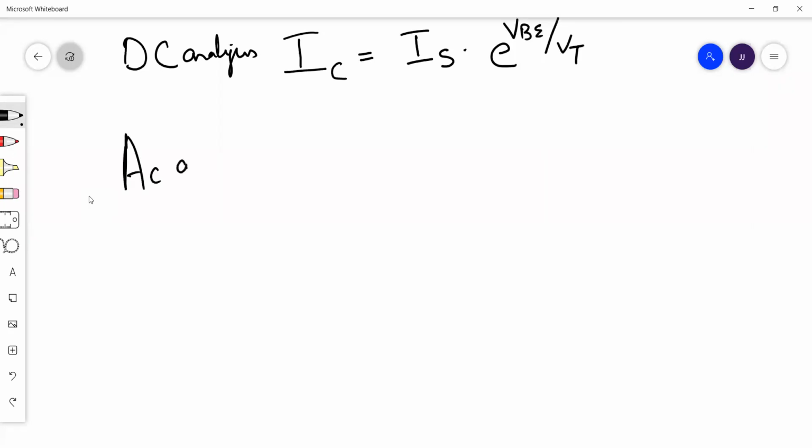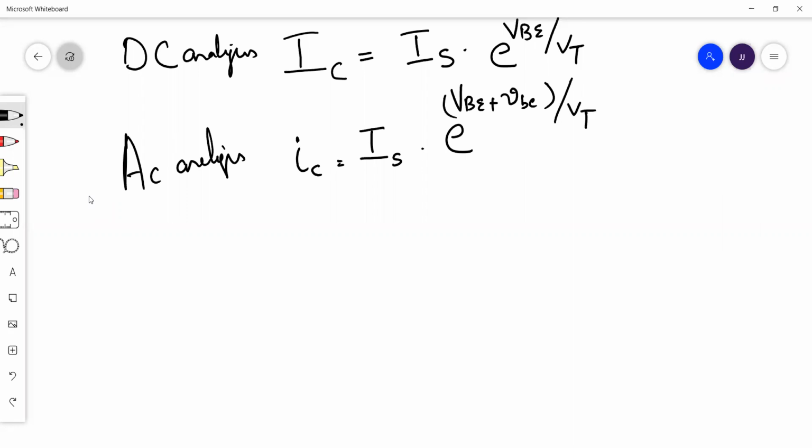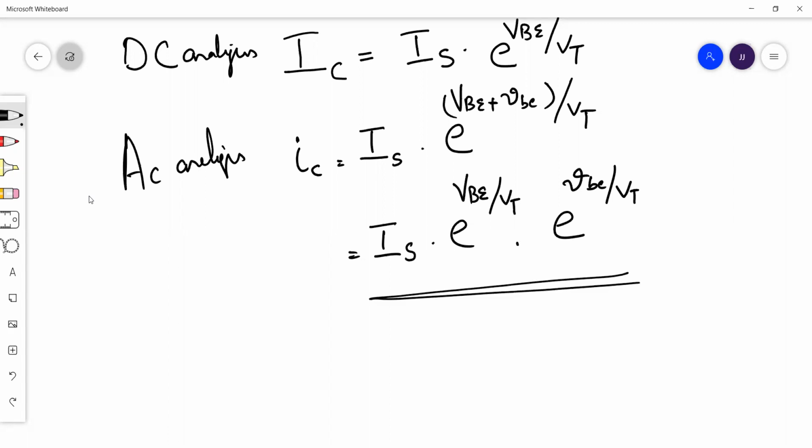Then in AC analysis, I got small ic equal to capital IS into e raised to capital VBE plus small VBE divided by VT. Let me solve this. IS into e raised to VBE by VT into e raised to small VBE by VT. The exponential can be written like this instead of writing it commonly with a plus. Now what is this term?